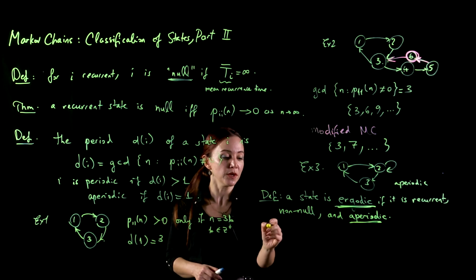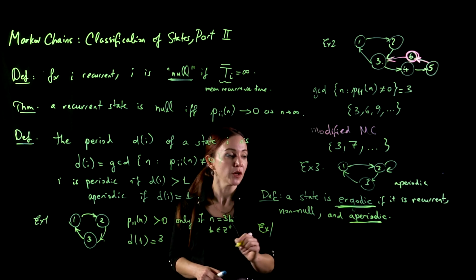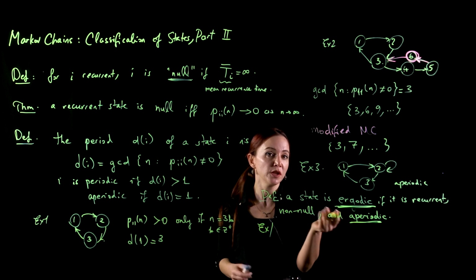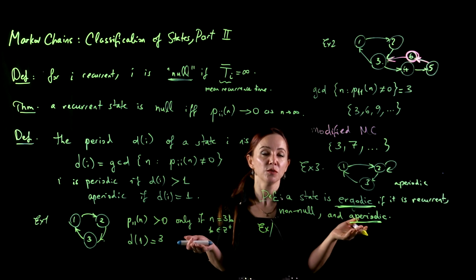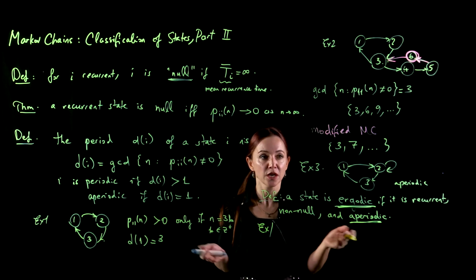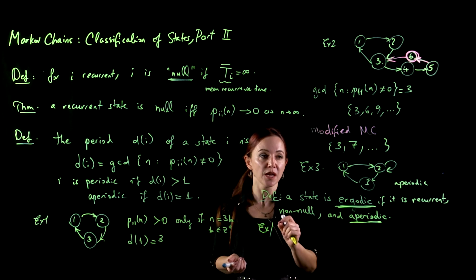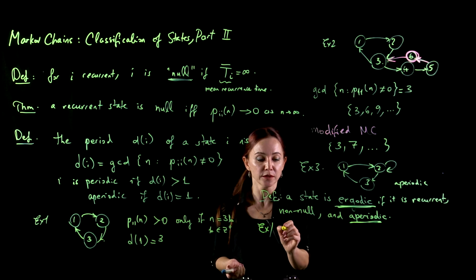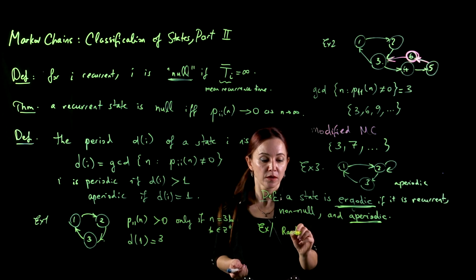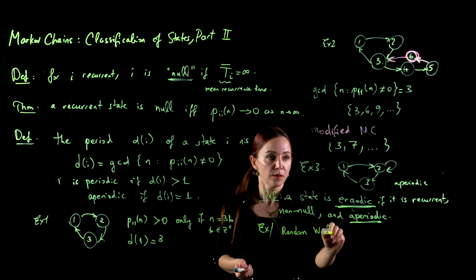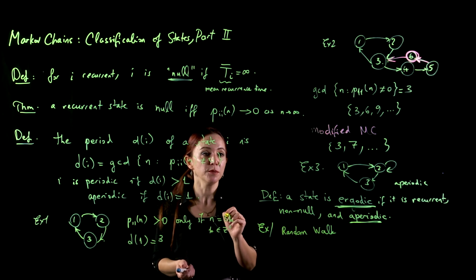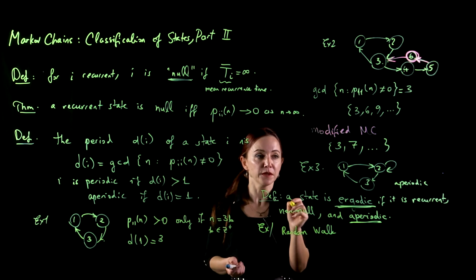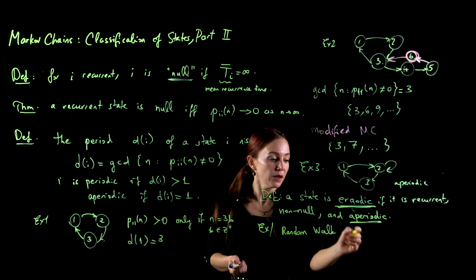But for the moment, I just want to give you an example. Of course, in order to talk about null recurrence, we need to be in a Markov chain which has a countably infinite number of states. So that's the example that I'm going to give you. Let's consider a simple random walk. The simple random walk is constructed as the following.